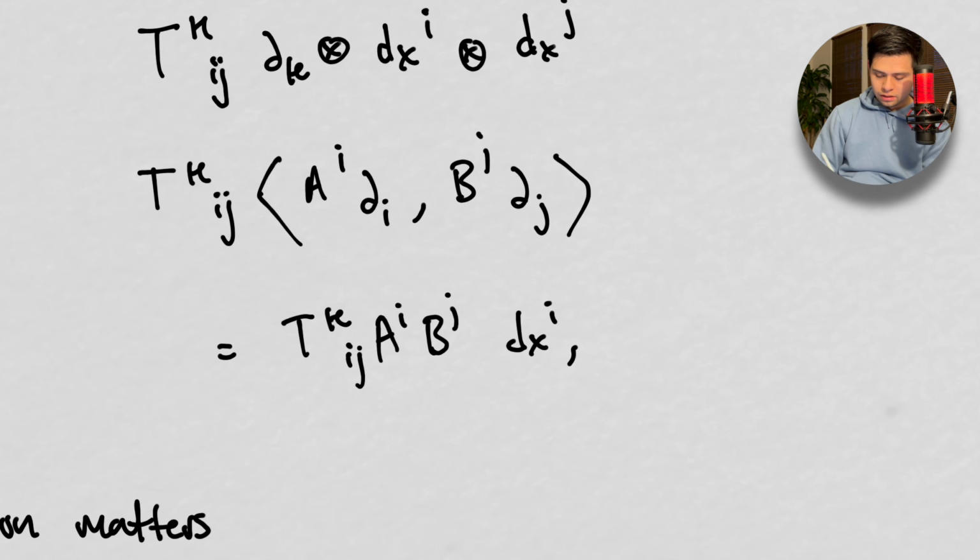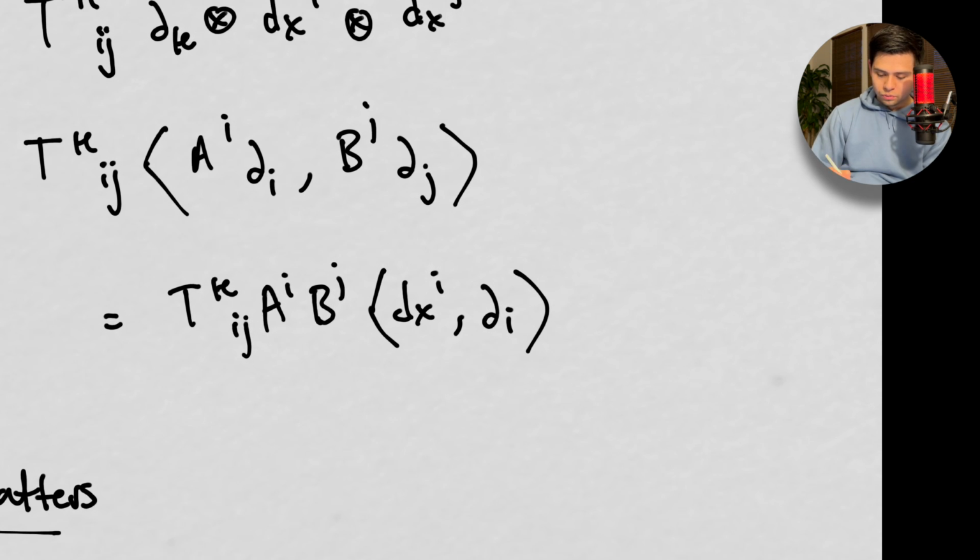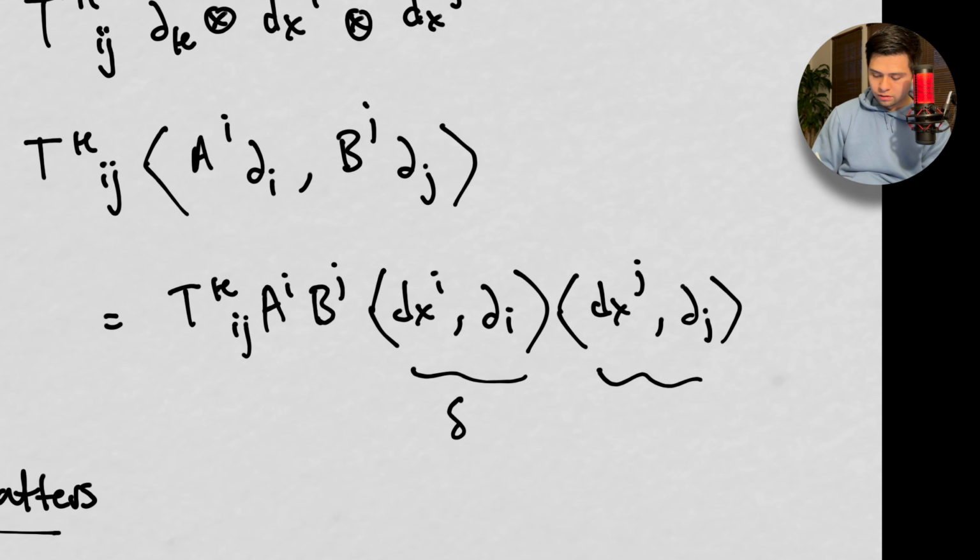dx i d i. That's one basis, and then we're going to get dx j d j. Right, these guys are just going to give us Kronecker deltas. We're going to be left with a d k.